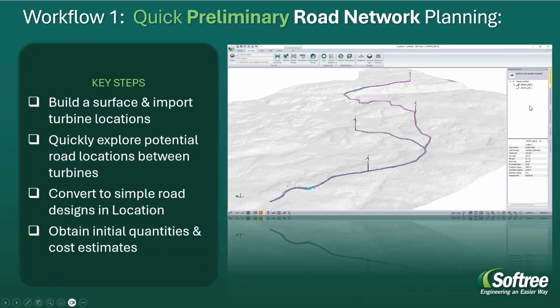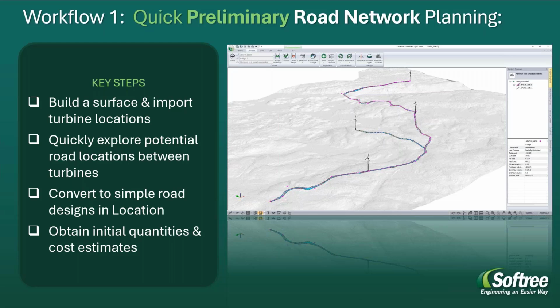In the first workflow, the key steps in this high-level initial preliminary road design, we're going to start by building a surface. Terrain works with a whole variety of survey data types. In today's example, we're working with LiDAR tiles in LAS format, but we also work with GeoTIFF, DEM data, and other more conventional survey types.